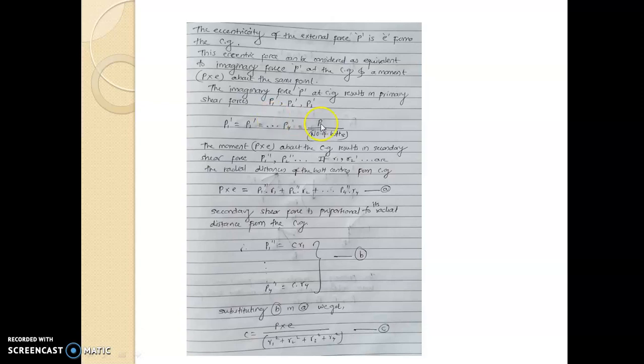So the primary shear force will be total force P upon the number of bolts. The moment P into e about the CG results in secondary shear forces P1 double dash, P2 double dash, up to P5 double dash.